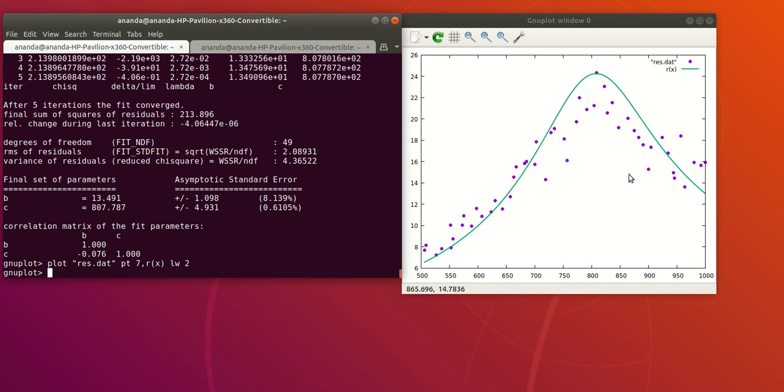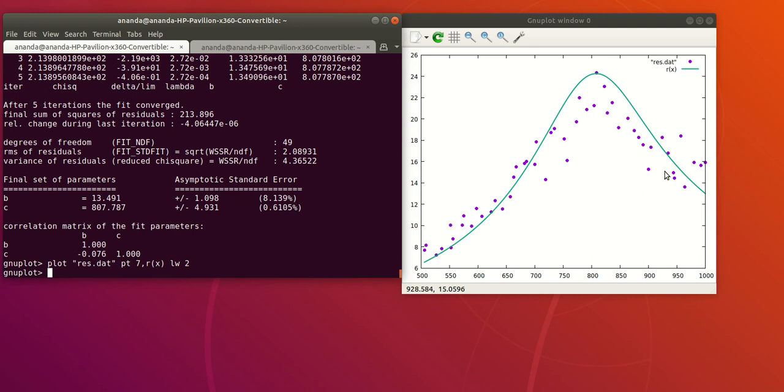Now there are many more complicated fits you could do. For example, you might have one more column of data in your data file which tells you how big the errors or estimated errors in each data point are, and then you could actually weight the contribution of each data point to the final error which you are trying to minimize with the inverse of the error.